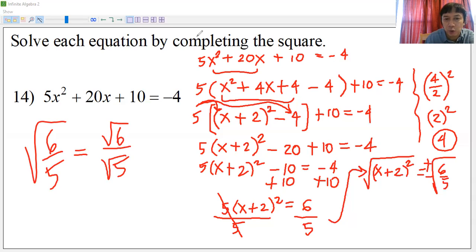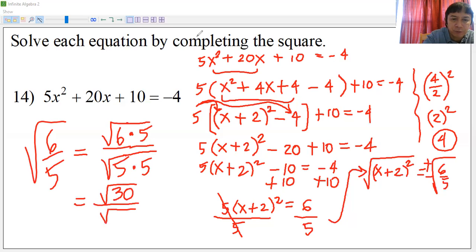So what we need to do is introduce a 5 inside. Extending this like this, we can multiply this by 5 and multiply this by 5. And so the numerator will become square root of 30, and the denominator will give us square root of 25, which is reducible to 5.